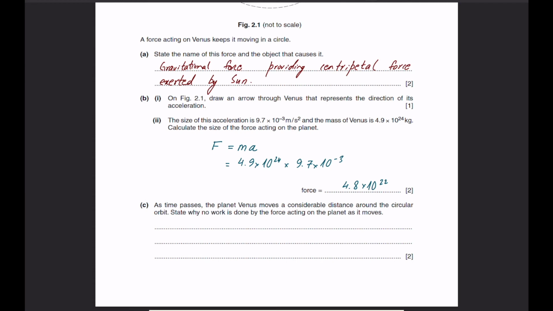As time passes, the planet Venus moves a considerable distance around the circular orbit. State why no work is done by the force acting on the planet as it moves. Work is the product of force and displacement in the direction of force. So if force and displacement are parallel, that will cause work to be done. If I take the example of an object moving on a horizontal surface, the normal reaction and the weight would have zero work.